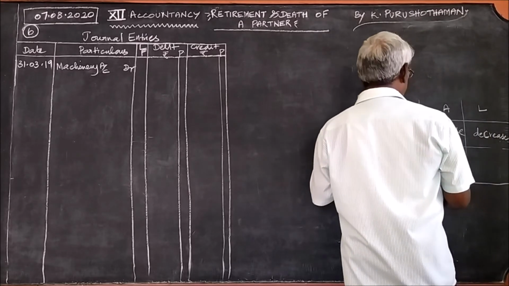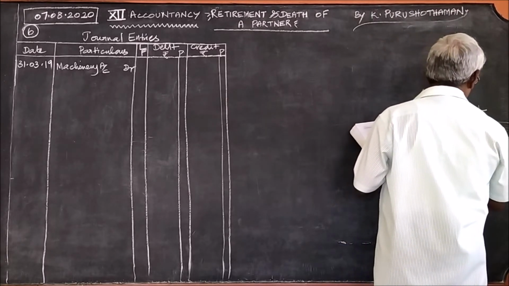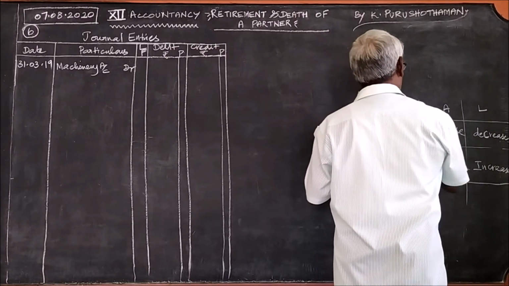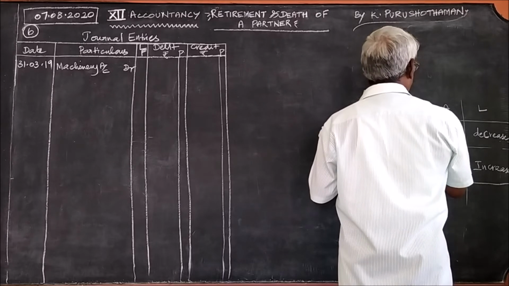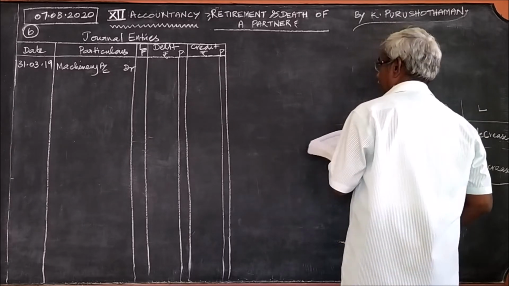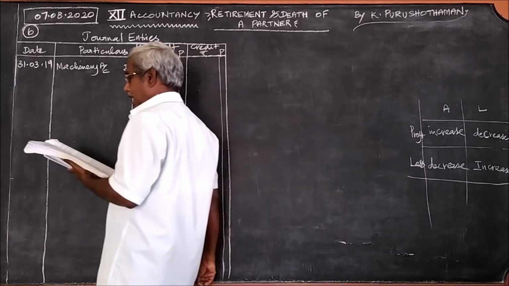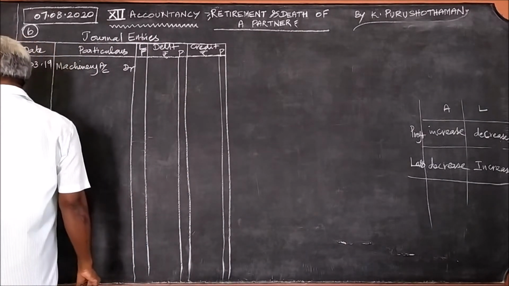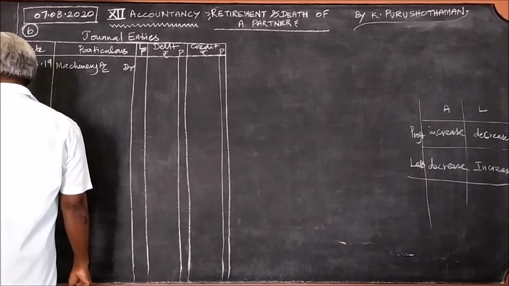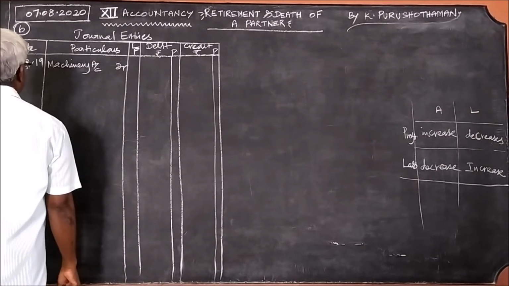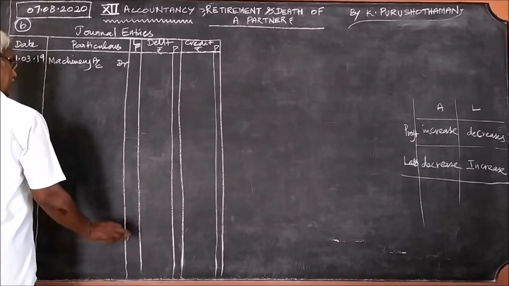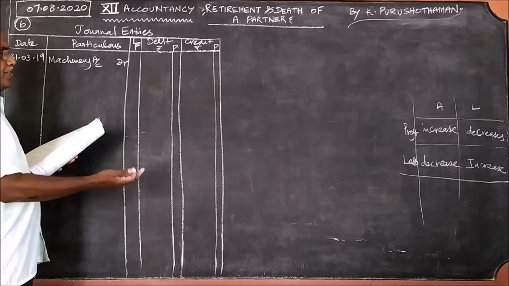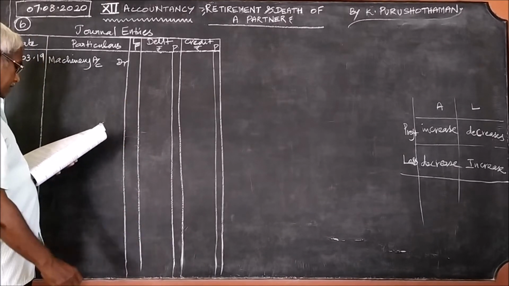When the same liability increases, it is a loss. If you remember one for the asset, you can just take this as opposite for liability. Okay, machinery account, it is a profit because the value has been increased. Then the third one, provision for doubtful debts is a liability. That provision has been increased, therefore it is a loss item.